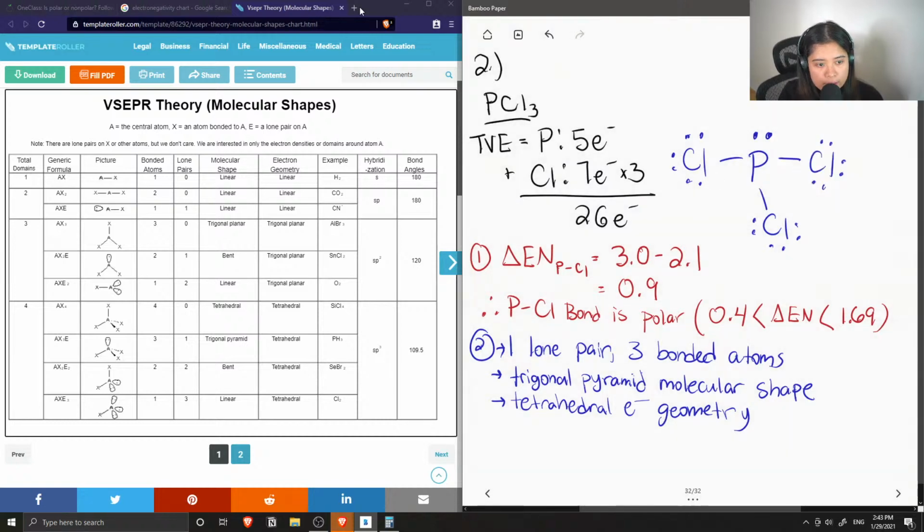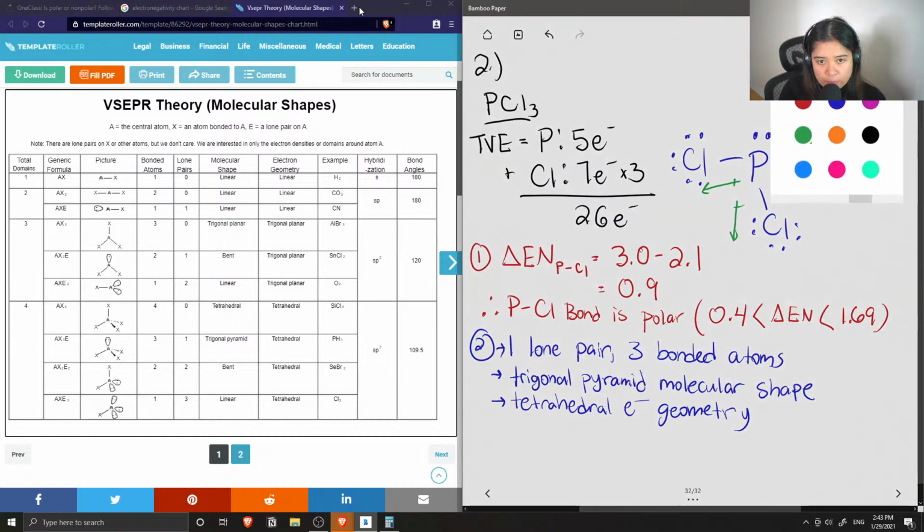So now I know the electronegativity difference between phosphorus and chlorine, and I also know the molecular shape. So if I were to draw dipole moments going towards the chlorine atoms like this, notice that they don't cancel each other out because of the lone pair on the phosphorus.